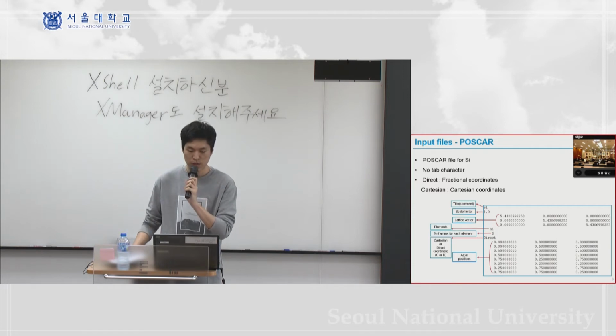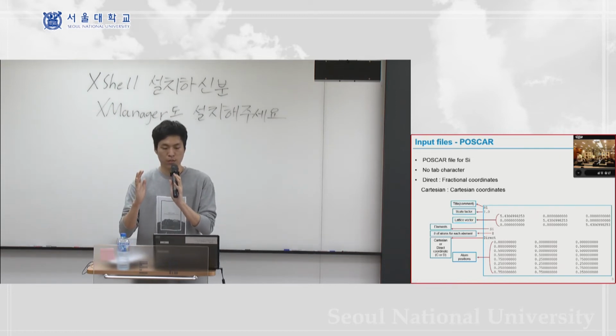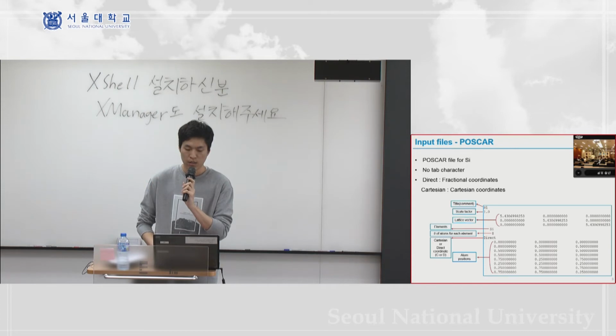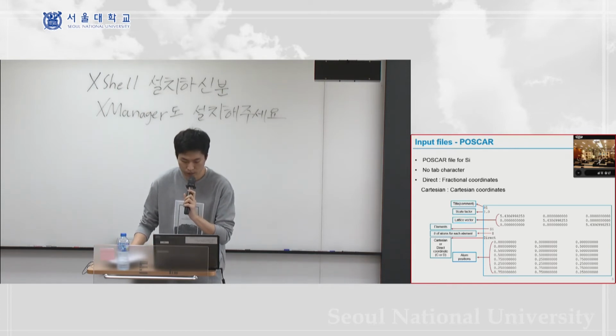So it is 2 times bigger. This scale factor is useful for calculating a system under strain. So we can use, for example, 1.01 to calculate a system under 1% strain.